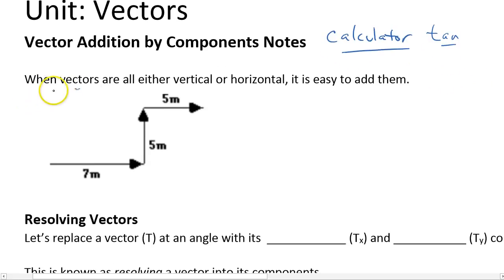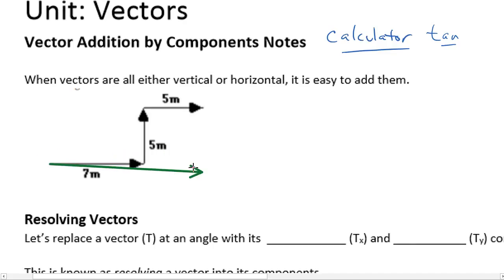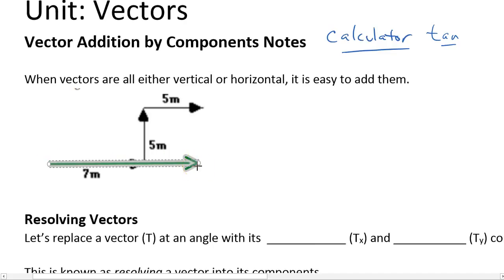It says, when vectors are all either vertical or horizontal, it is easy to add them. So let's consider this one here. This would be very much like adding these together, the 7 and the 5, to make one that looks like this, and then adding another arrow that looks like this.